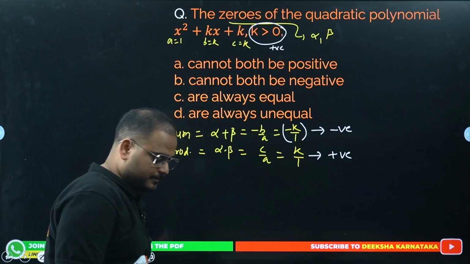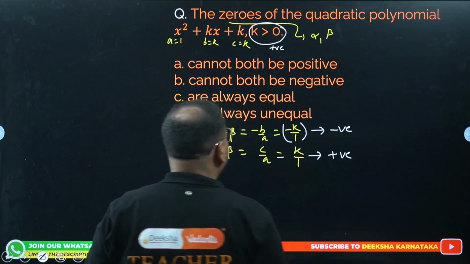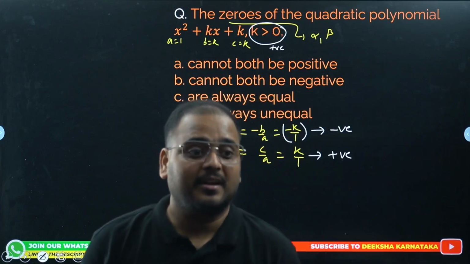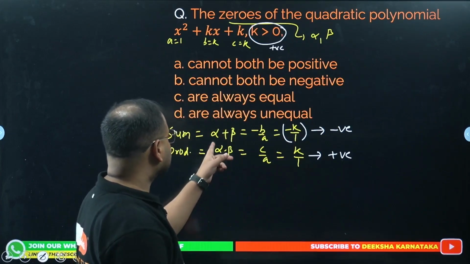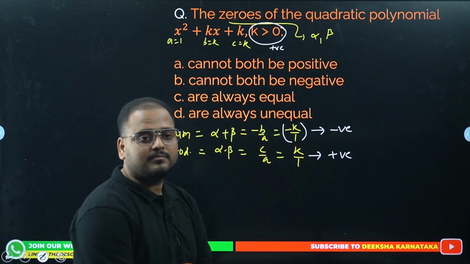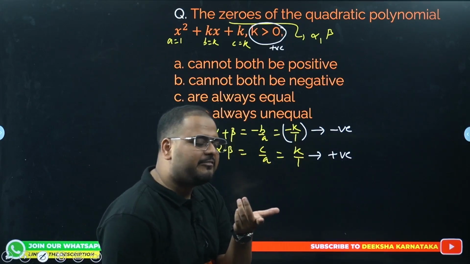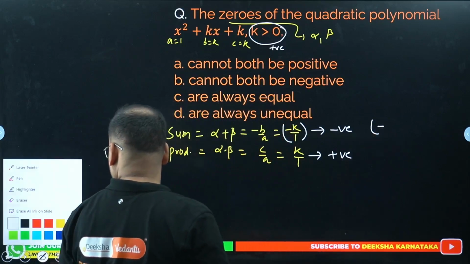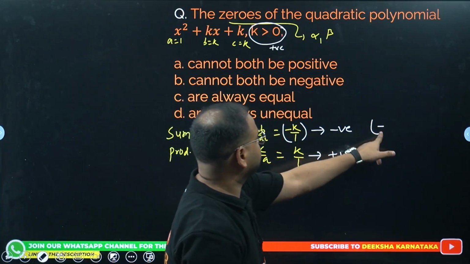Okay. Now think. The sum of two numbers is coming as negative, and the product is positive. The sum of two numbers can be negative when both are negative.